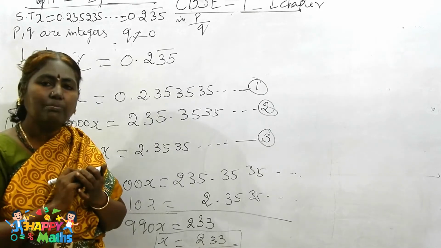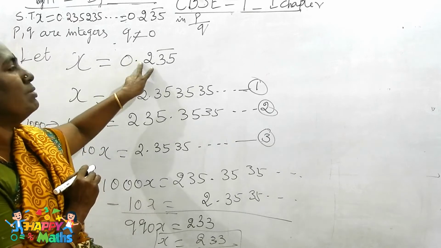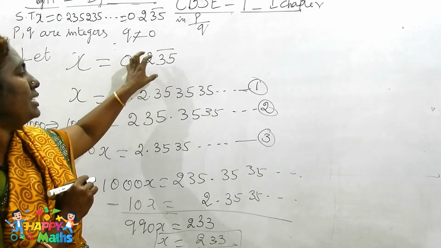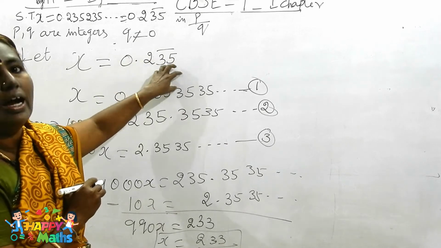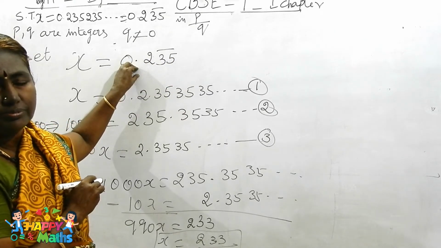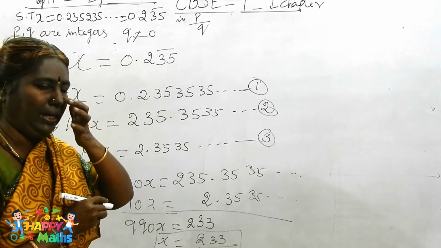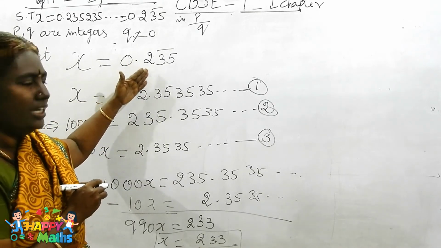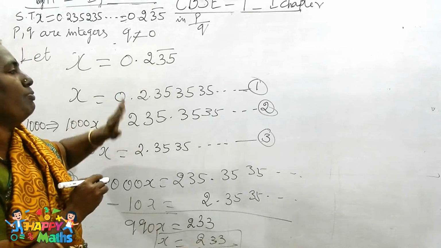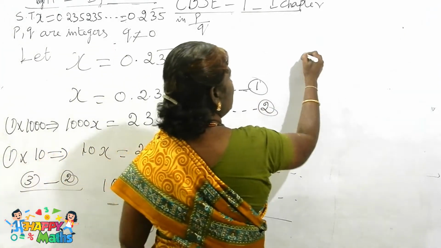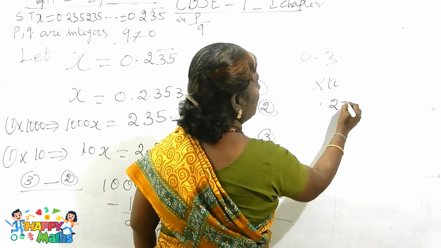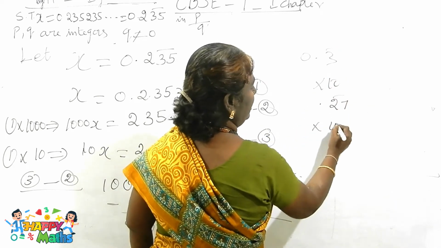So let me repeat. Suppose two numbers are left out and then two numbers are repeated, you have to multiply by 10,000 and then 100 only. The same model will repeat. You have to see whether any number is left out after the decimal point. If there is none left out, no problem. If only one number is repeating, just multiply by 10. If two numbers are repeating, multiply by 100.